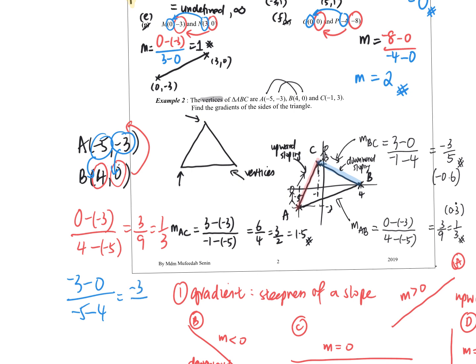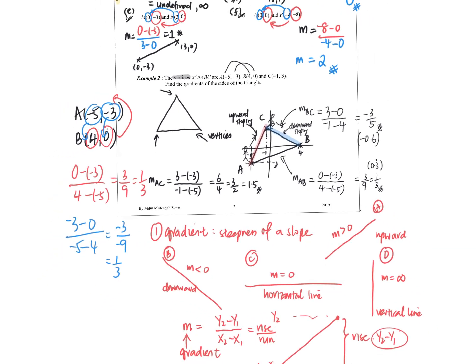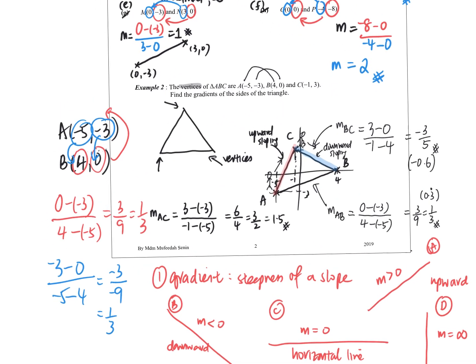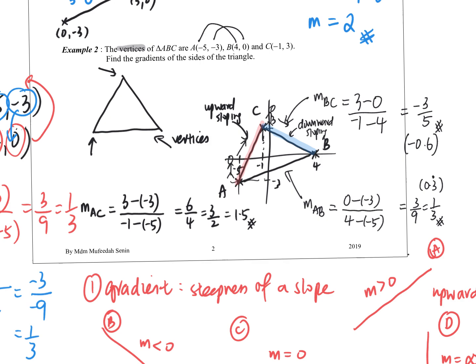Even if I were to swap the direction, I also get 1/3. So doesn't matter this is point 1 or point 2. As long as you keep to the same direction, you will get the same answer. Okay, so both are correct. So these are the 3 parts that you want.